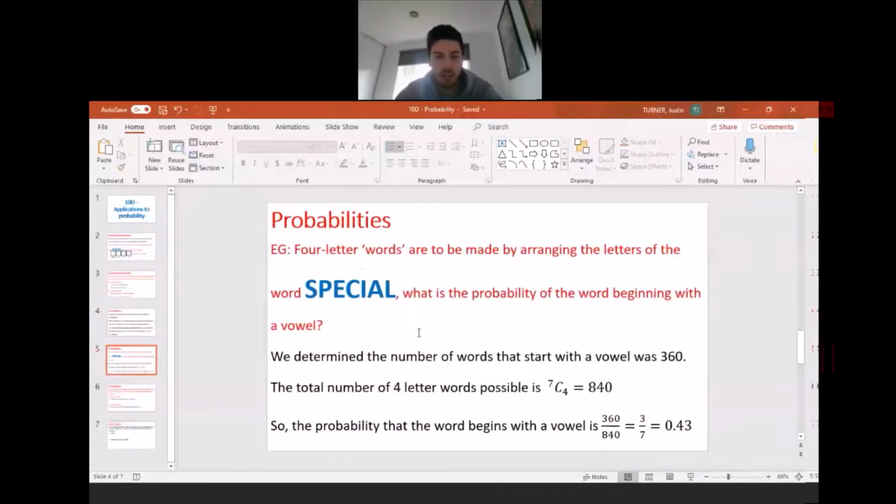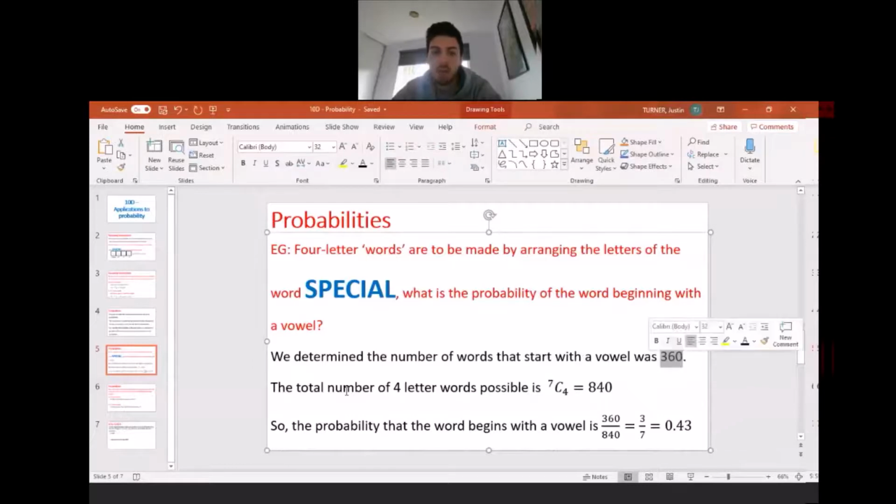So we go back to creating 4-letter words from the word special that start with a vowel. We knew that the total number of words that can start with a vowel was 360. But for the total number of 4-letter words at all that you can create, you've got 7 letters to choose from, and you're choosing 4. So there's 840.